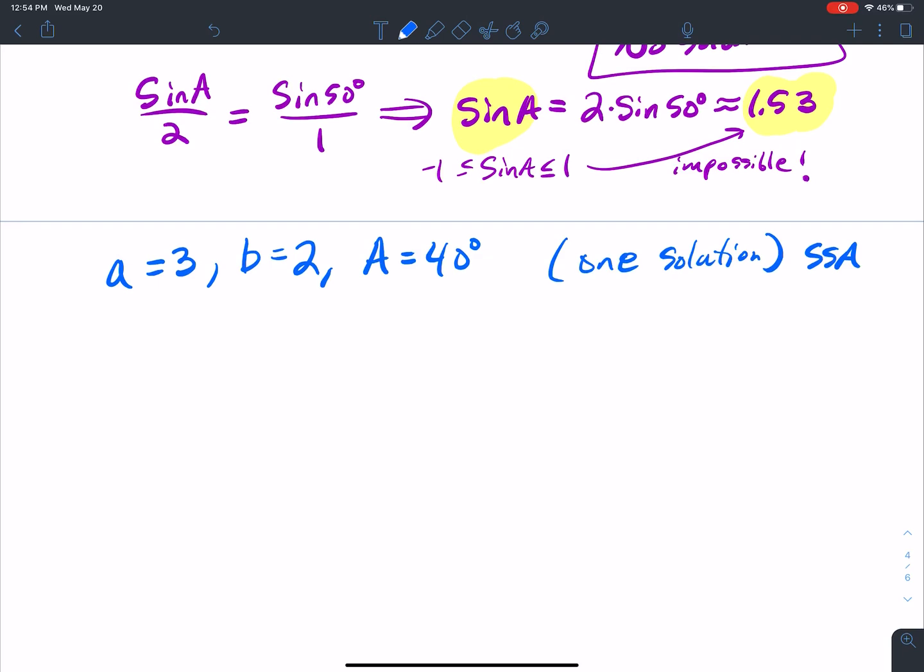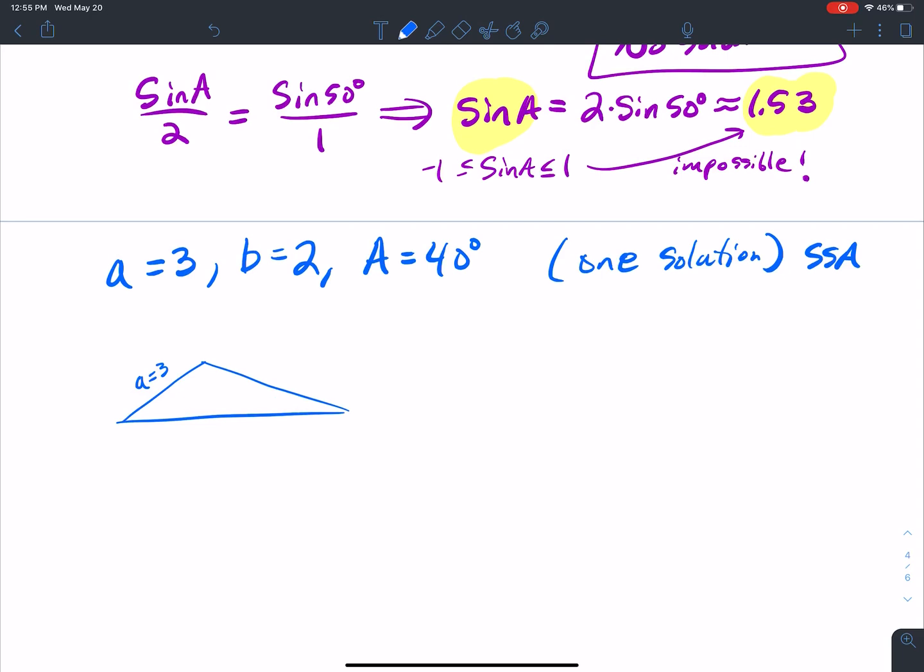Now, with this one, this picture here, I've got a triangle, and I've got a equal to 3, so that's a capital A over here, which is 40 degrees. Yeah, I messed up.